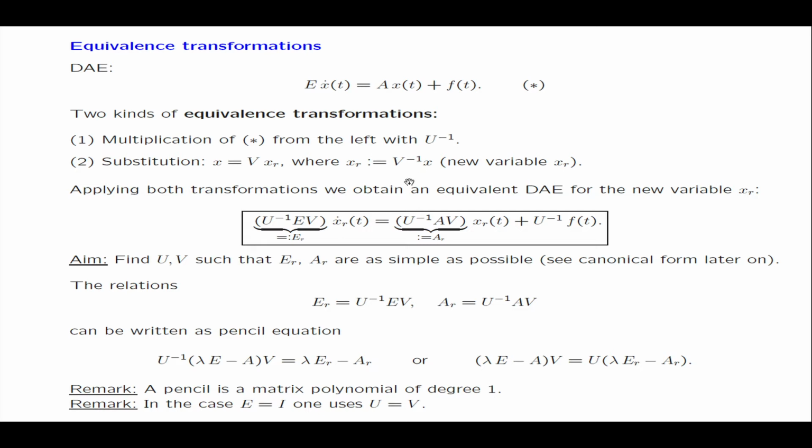If we apply both of these transformations, we multiply with U to the minus 1 from the left, and we make this substitution, we get a new equation. In front of all matrices and all terms is the matrix U to the minus 1.